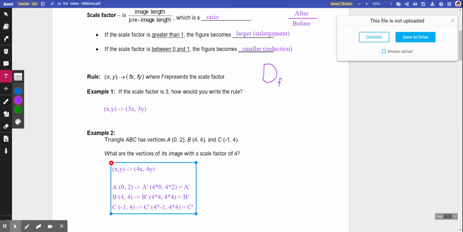So if my x coordinate is 0, A prime is going to be 4 times 0, which is 0. And then 4 times 2 is going to be 8. And then I do the same thing for my others. 4 times 4 is 16. 4 times -1 is -4. And 4 times 4 is 16.